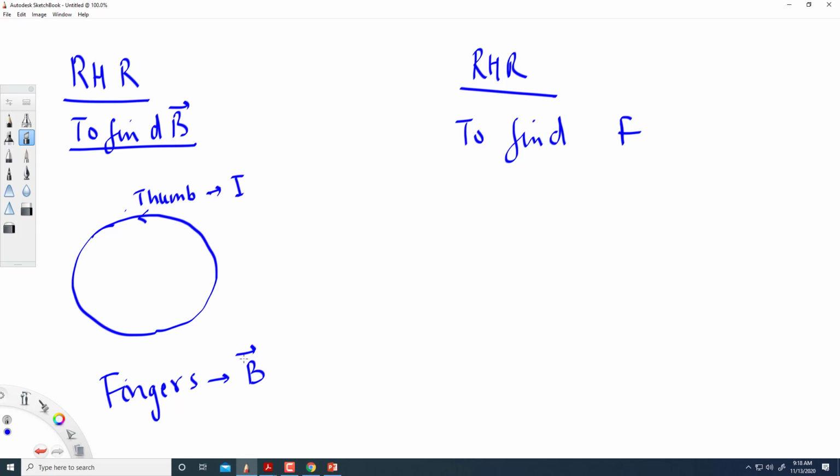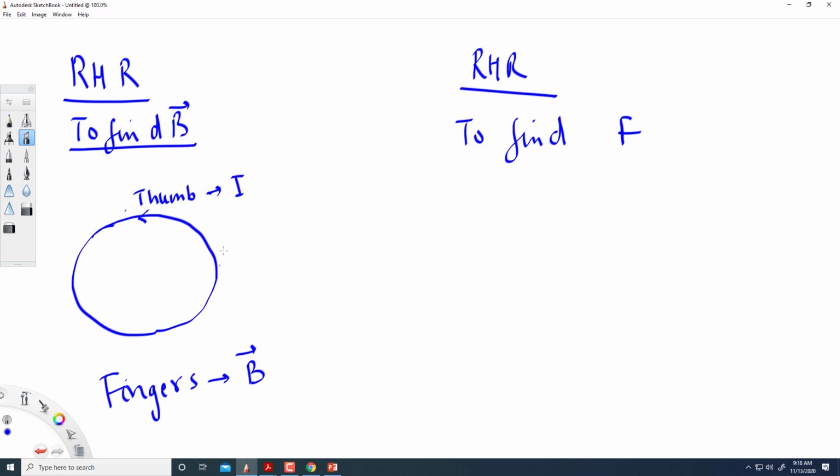So my fingers are pointing into the screen. That means the magnetic field is going that way. If I choose this direction, then you point your thumb towards that direction, and your fingers would be pointing towards the direction of magnetic field, which is coming towards you. Okay, that's the magnetic field.